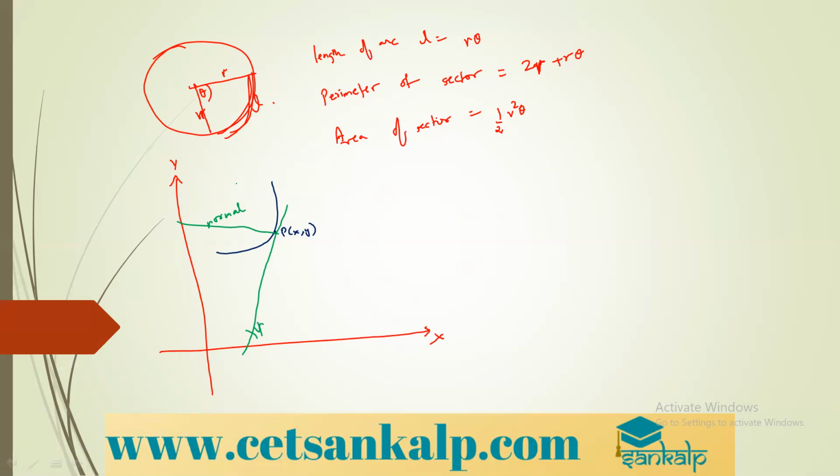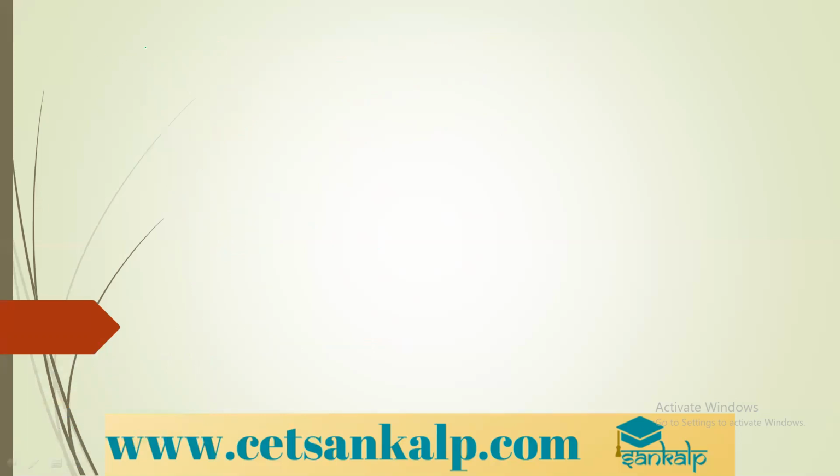So once you know this, if y equal to f of x is a curve, then slope of tangent is dy by dx and slope of normal is minus dx by dy.